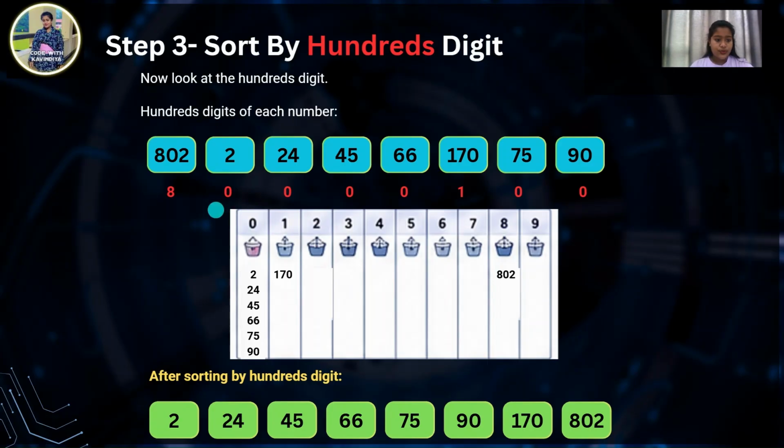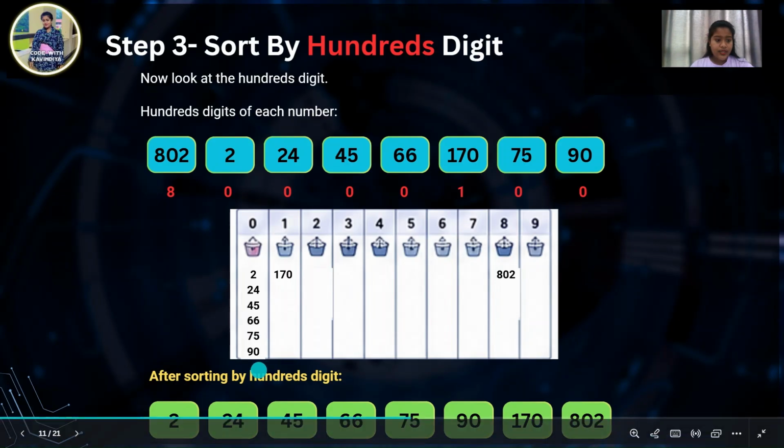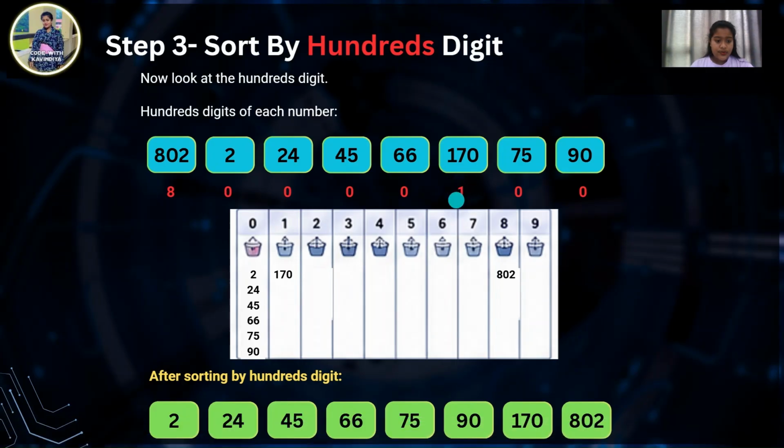So 2, 24, 45, 66, 75, 90 all go into bucket 0. 170 has 1 in the hundreds place. So it goes to bucket 1. And 802 has 8 in the hundreds place. So it goes to bucket 8.